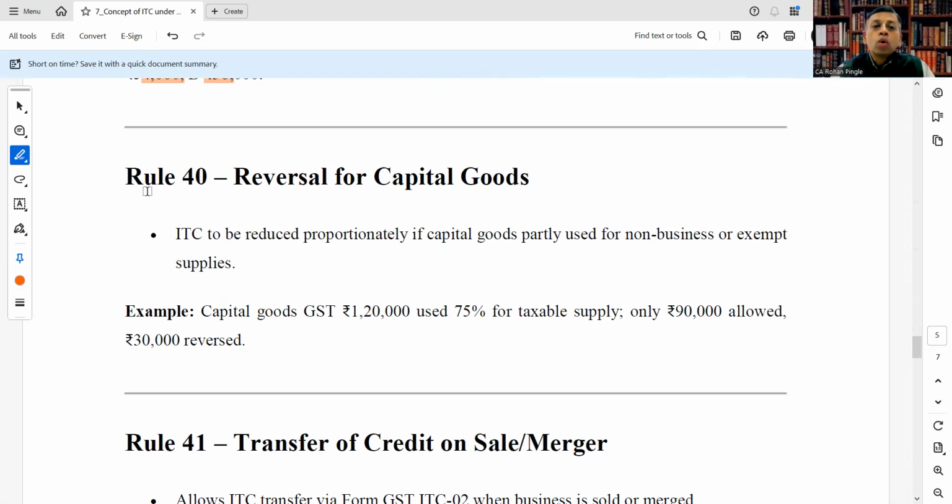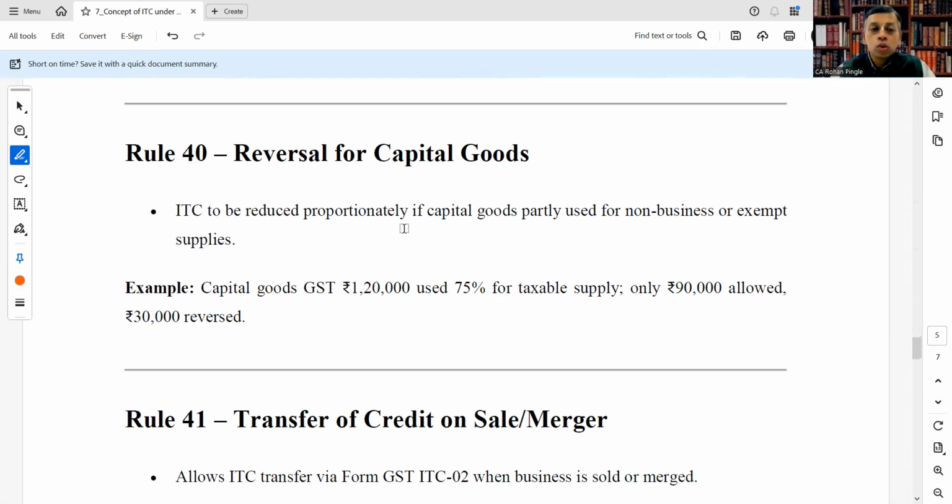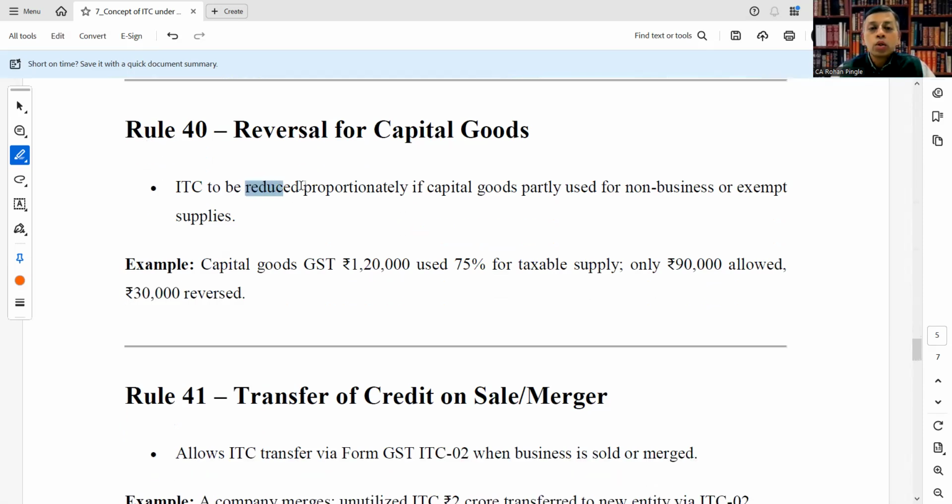Rule 40, reversal for capital goods. ITC is to be reduced proportionately if capital goods are partly used for non-business or exempt supplies. Whenever you use capital goods and you are a supplier of both non-business or exempt and taxable supplies, the ITC on capital goods needs to be reduced proportionately.